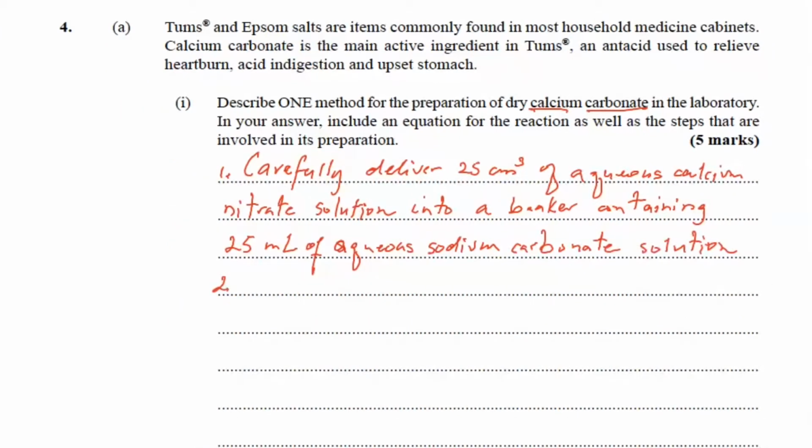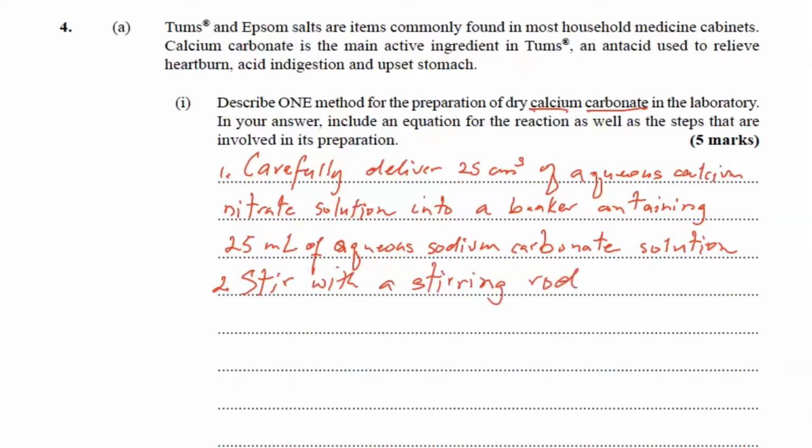Carefully add 25 centimeters cube of aqueous calcium nitrate solution into a beaker containing 25 mL of aqueous sodium carbonate solution. Then we're going to stir with a stirring rod. There needs to be mixing so we can get the reaction occurring.